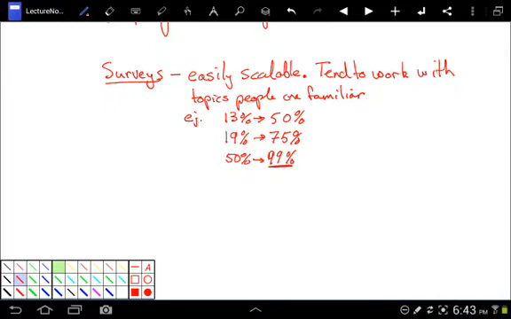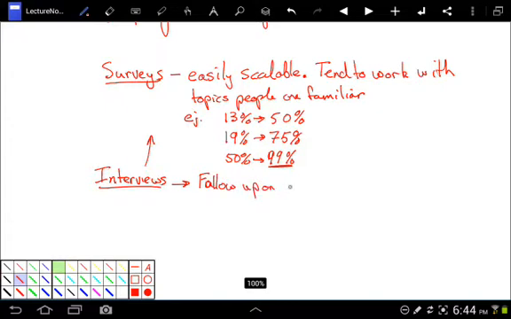So a little bit better than surveys are interviews. The reason interviews are better is you can ask follow-up questions. So you ask somebody a common question, maybe the same question you would ask in a survey, but then you follow up on the questions and you basically get more detailed answers.